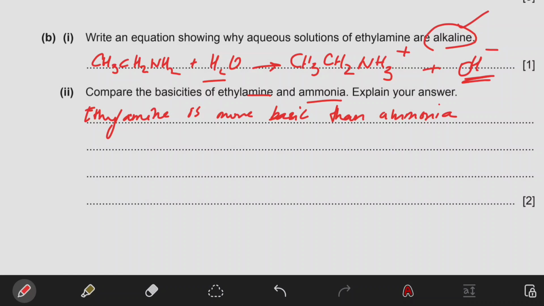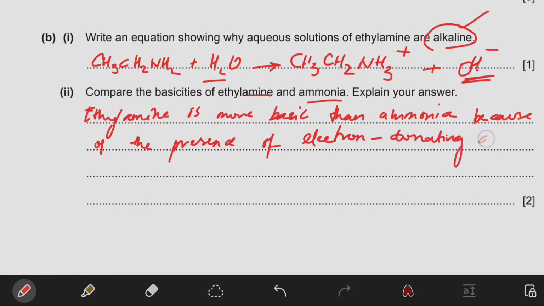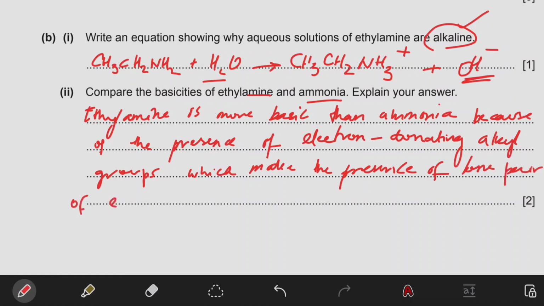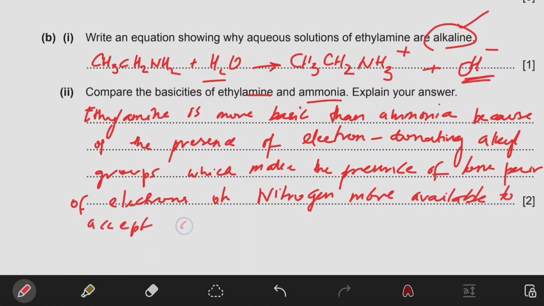That's what will make ethylamine more basic, because of the presence of electron donating alkyl groups, which make the lone pair of electrons on nitrogen more available to accept a proton.